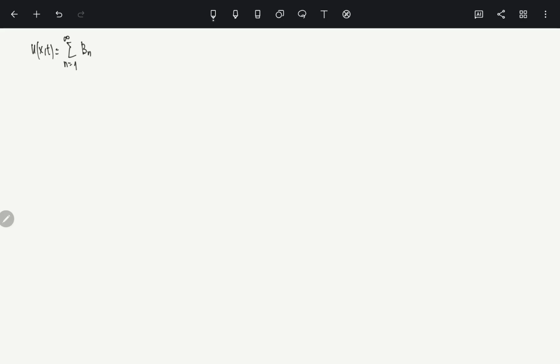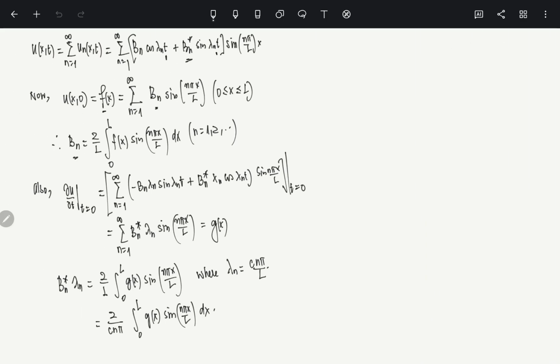This Bn star, if you think about it, they actually are going to be 0.